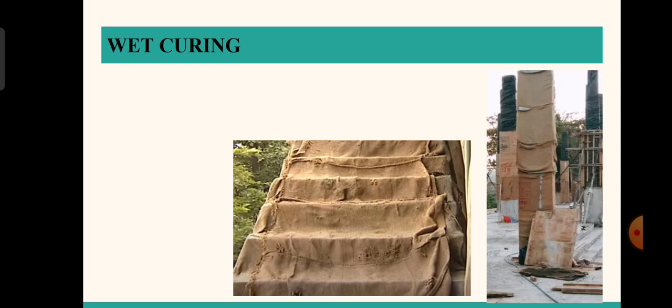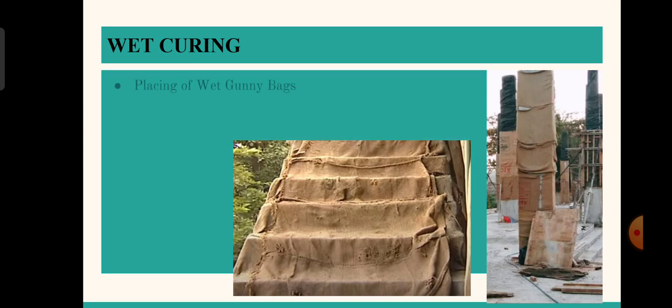So these coverings shall be placed on the concrete surface once it hardens enough to place the covers. Further, the drying of the concrete shall not be allowed due to any reason. So therefore, this curing is done with the help of wet gunny bags.